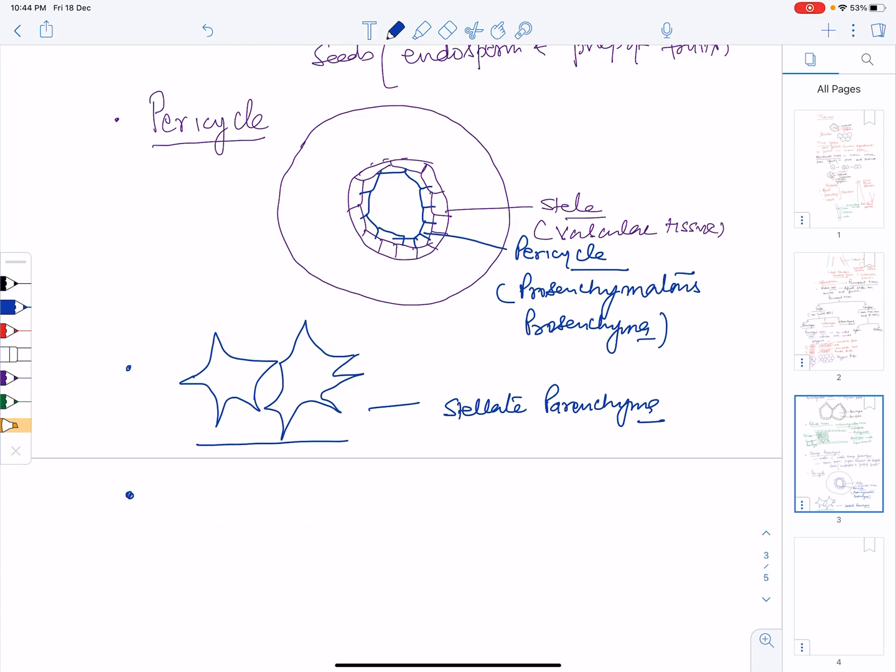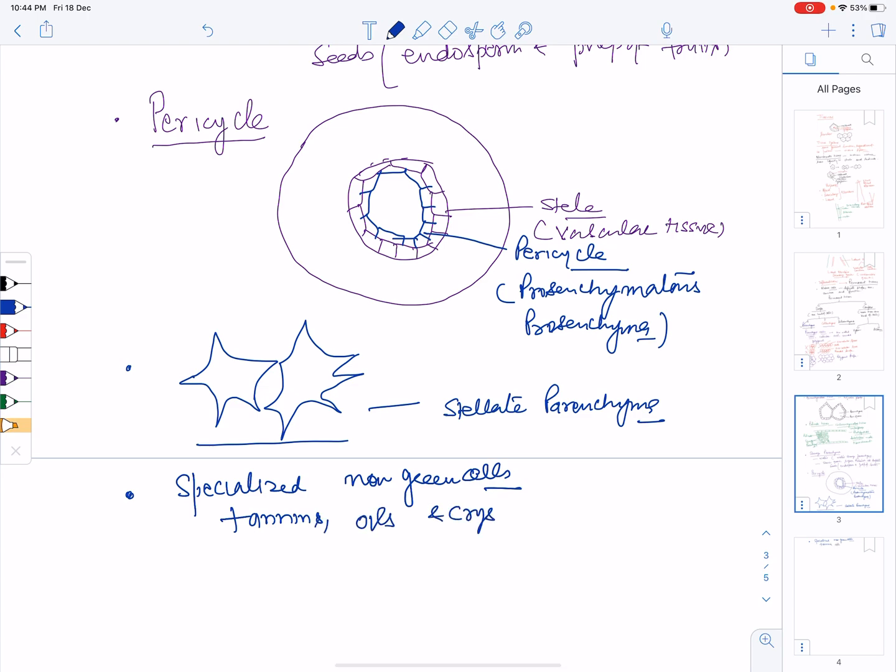Another category is sometimes there are specialized non-green cells which are large in size, and they may store excretory products or secretory products of the plants like tannins, oils and crystals, called idioblasts.